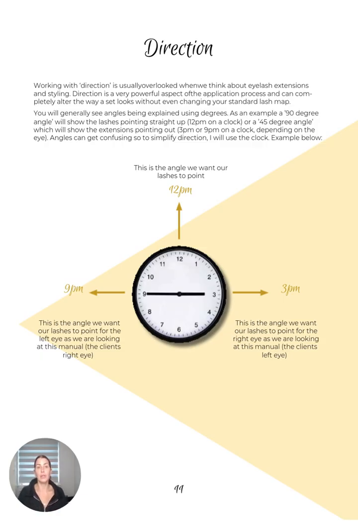And then just to quickly break down direction again before we move on to lash mapping. We touched on direction earlier when we were talking about round face and a long face, but what we can absolutely do with eyelash extensions is adjust the direction of the natural lash.